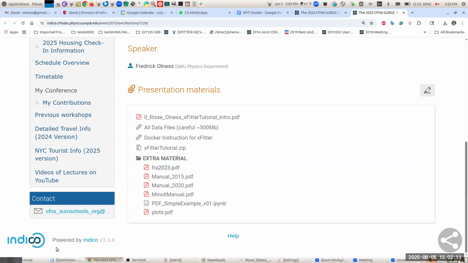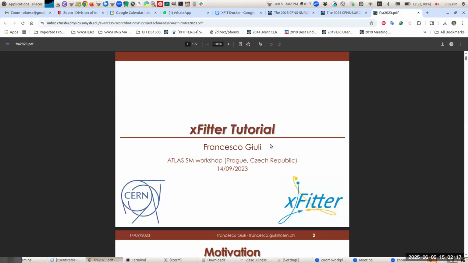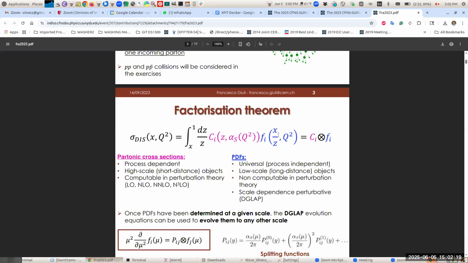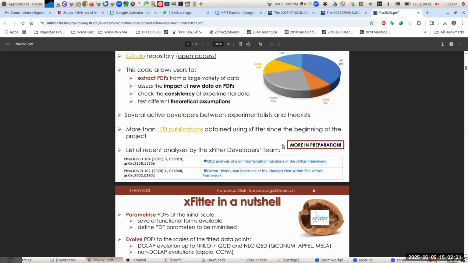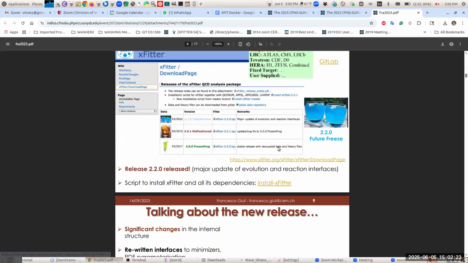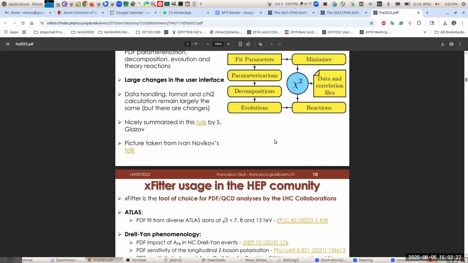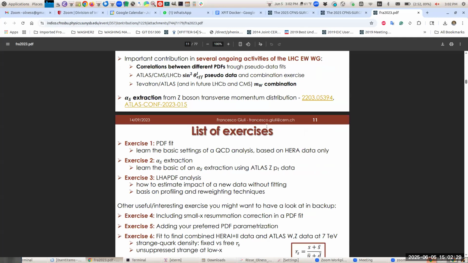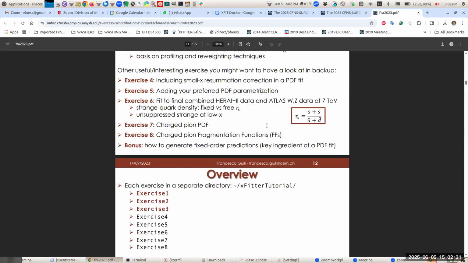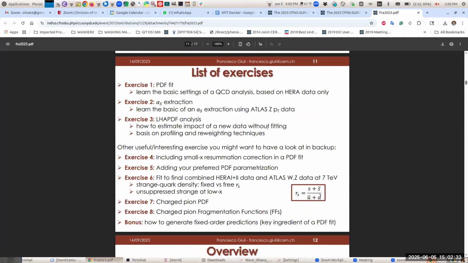In the code we've given you, there are 8 separate examples, and you can take a look at them. We've got proton, we've got pion WZ production, pion PDFs, pion fragmentation. Here's the list of exercises, a whole bunch of things.